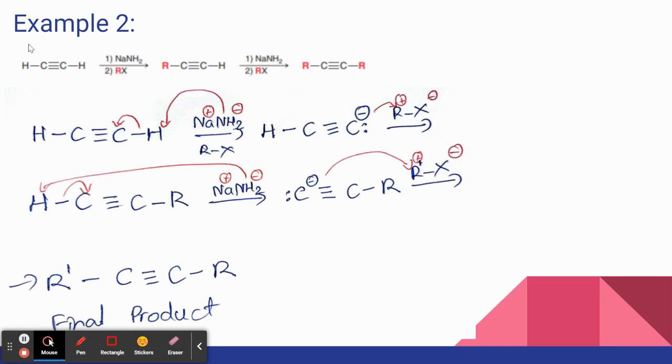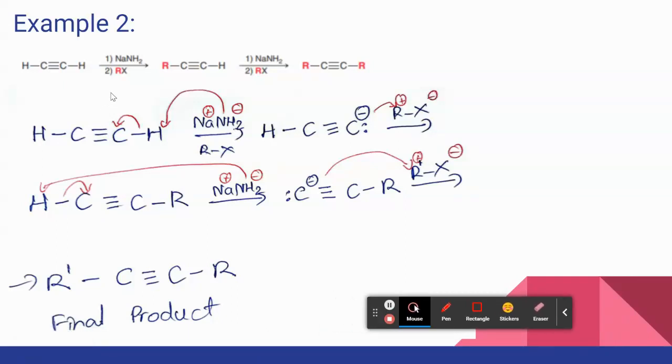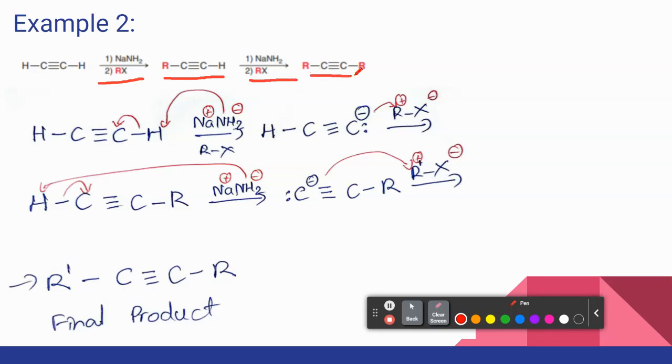So, example 2, we use acetylene. We can turn acetylene into an internal alkyne by undergoing the alkylation process twice. In the first process we get the terminal alkyne, and the second process we get the internal alkyne.